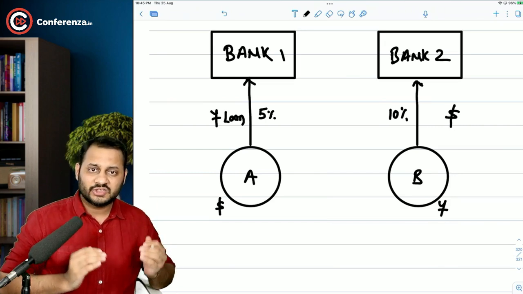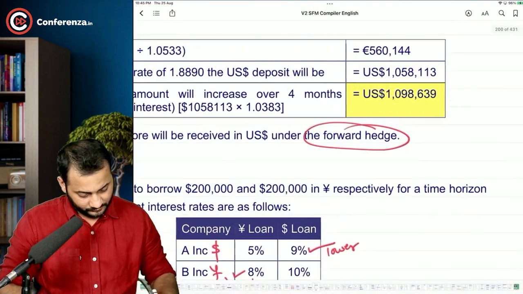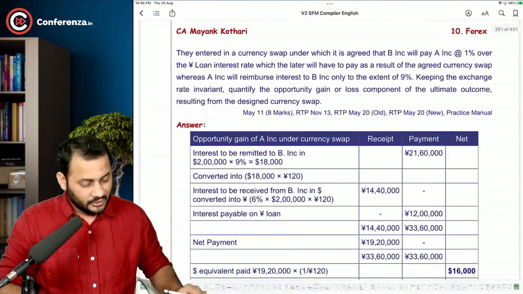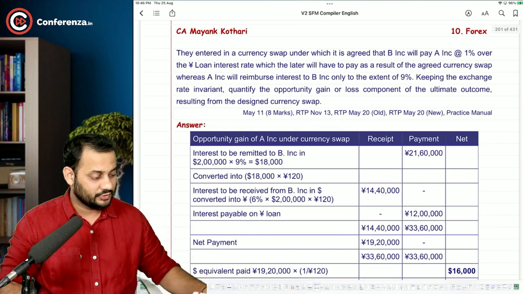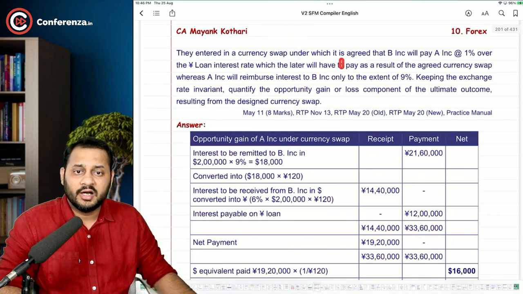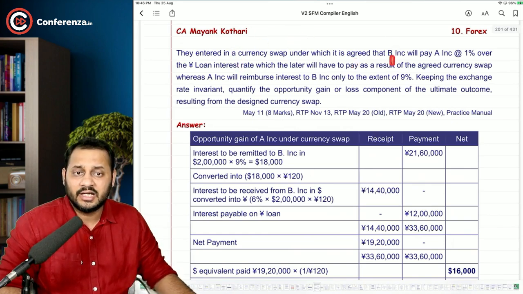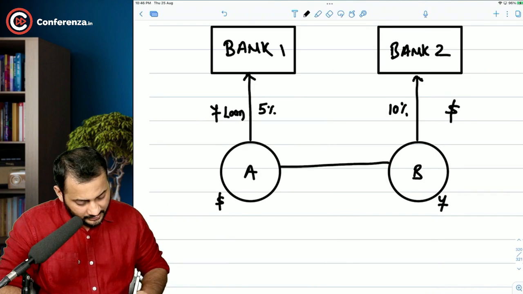Now, what is the swap arrangement for interest rate between these two guys? Let's have a look. They entered into a currency swap under which it is agreed, step by step, that B Incorporation will pay to A Incorporation.